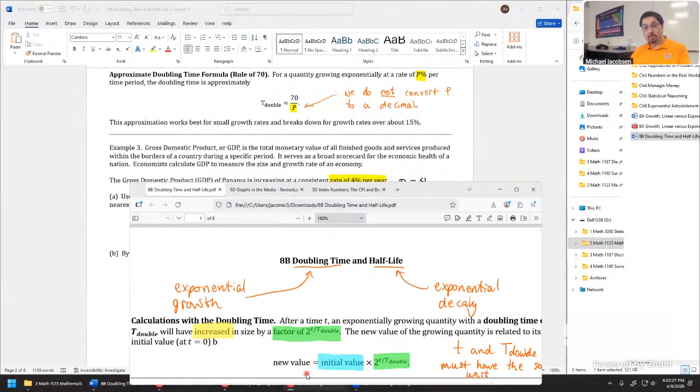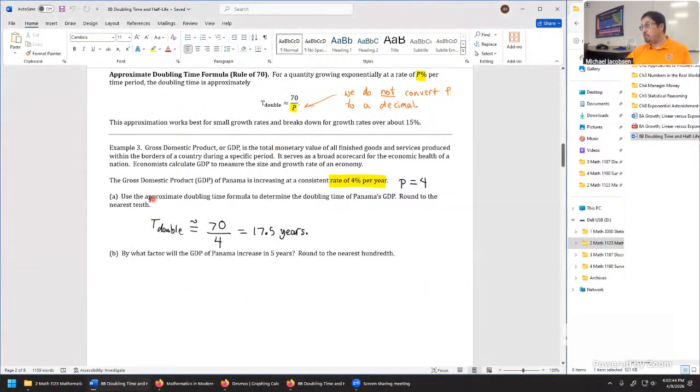But the tricky thing about using this formula is plenty of problems give you information that does not provide a doubling time whatsoever. And that's where this approximation comes into play. We'll be looking into the exact formula as well, but plenty of the problems we'll see in the homework are just based off using the approximate doubling time formula, the one above.